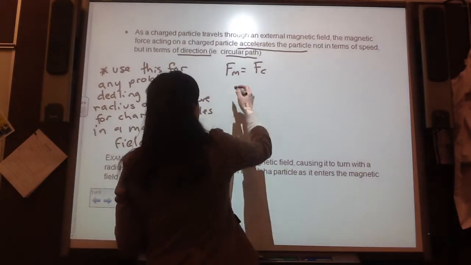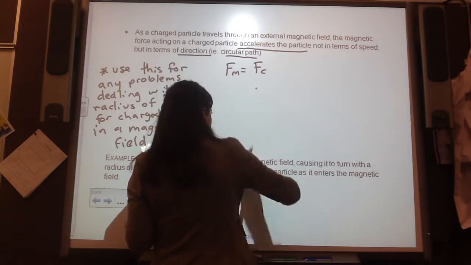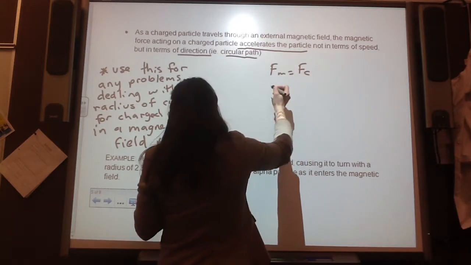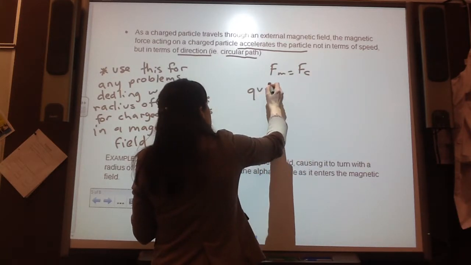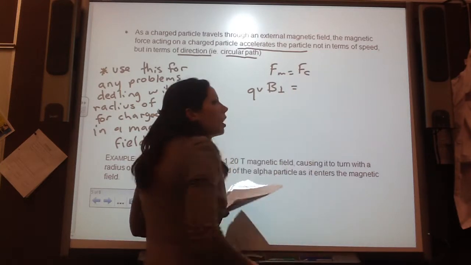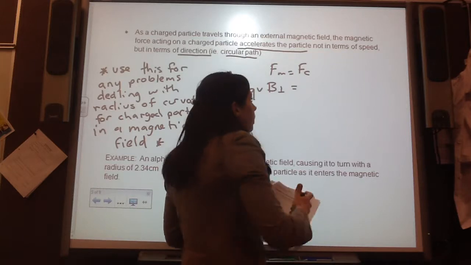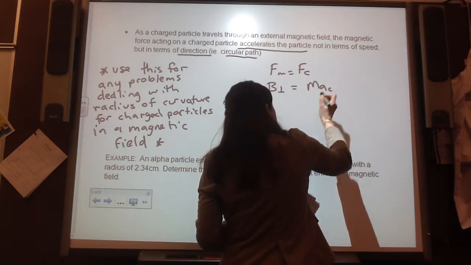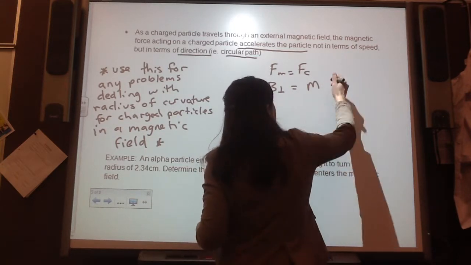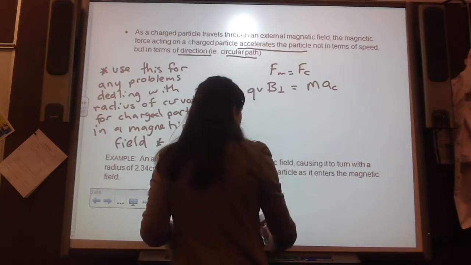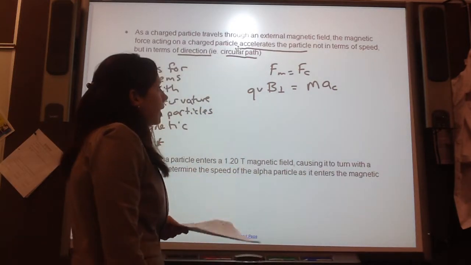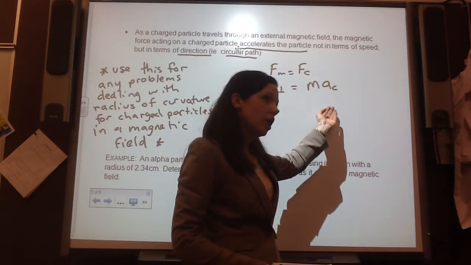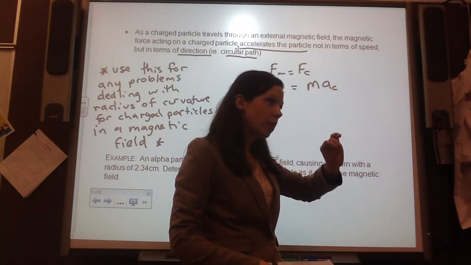So say our Fm from yesterday's lesson, I'm just going to move it over a little bit here. Our Fm is Q times V times B perpendicular. And our Fc from Physics 20, we know, well, F is always our mass times acceleration. So we go mass times centripetal acceleration, or A subscript C. But say we're given information about radius, so we need to expand acceleration into a further formula that we did in Physics 20.